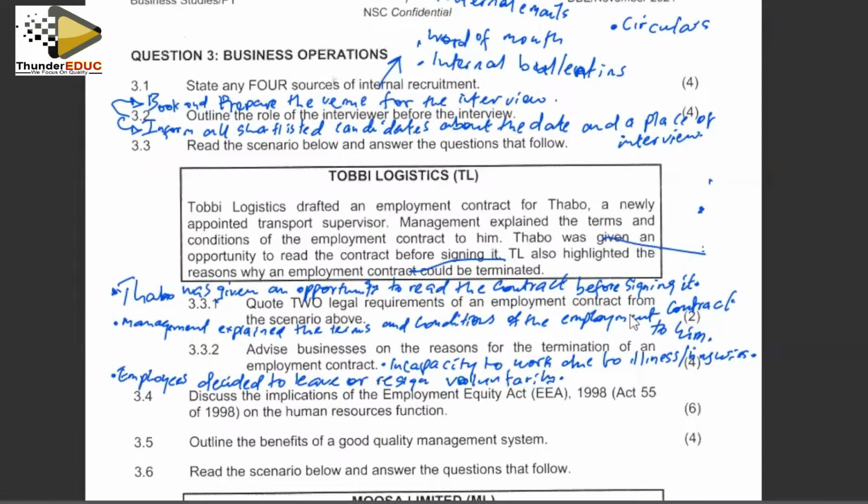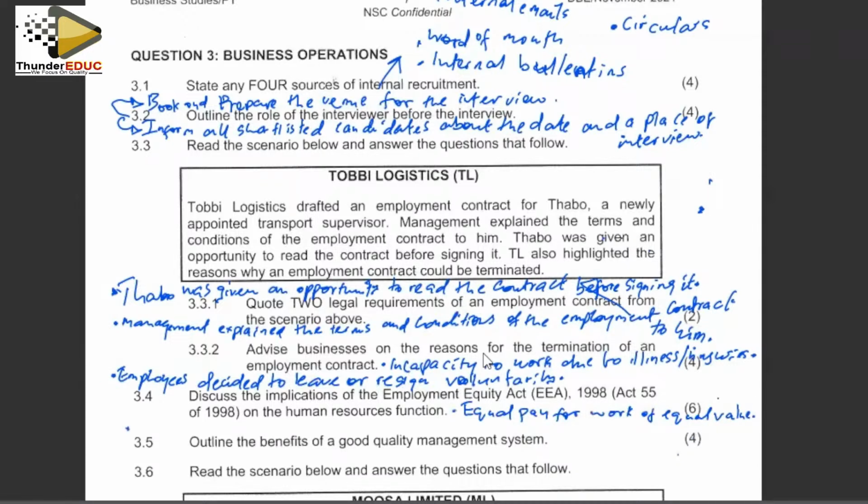Equal pay for equal work. Okay, right. So now we're saying that here we have equal pay for work of equal value.